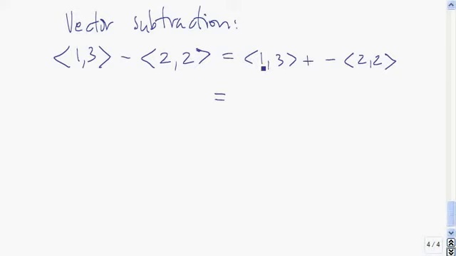So we take the first component of each, 1 minus 2, which gives us negative 1, and then 3 minus 2 gives us 1. So the vector 1, 3 minus the vector 2, 2 is the vector negative 1, 1. Again, to subtract one vector from another, we subtract component-wise.